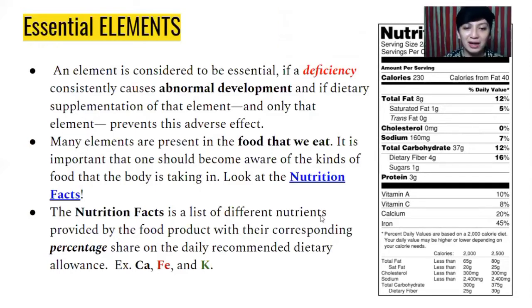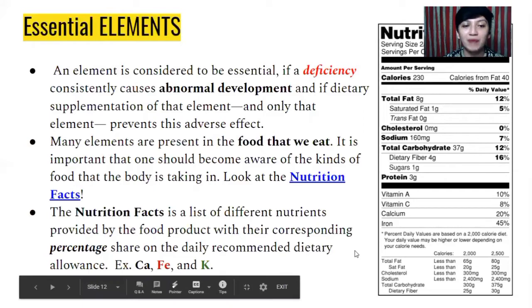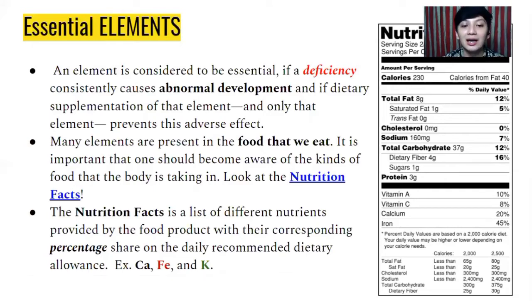The nutrition facts is a list of different nutrients provided by the food product with their corresponding percentage share on the daily recommended dietary allowance. Example, we have Ca, which is calcium, Fe, which is iron, and then we have K, which is potassium. Very good.